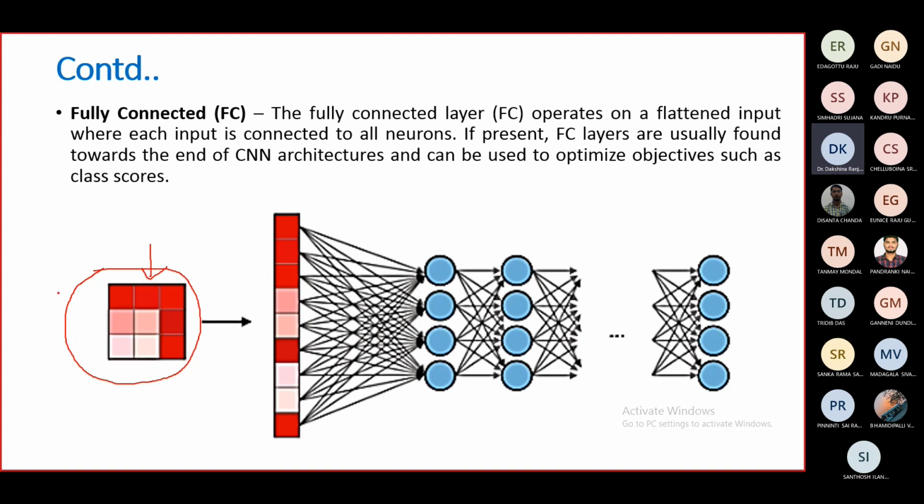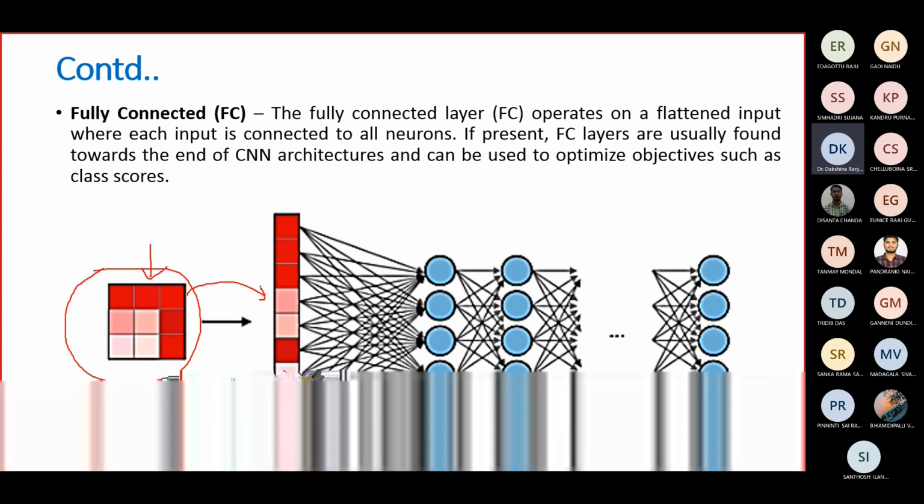After the last convolutional layer, we apply the pooling layer one more time, and after applying it we have generated this reduced-size, two-dimensional feature map. Now we have to convert this two-dimensional feature map into a one-dimensional feature vector.